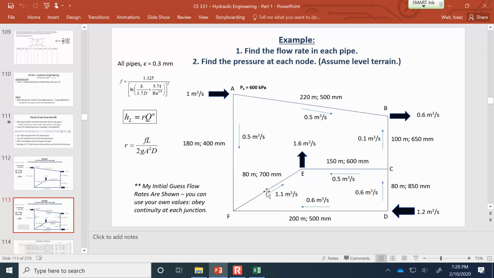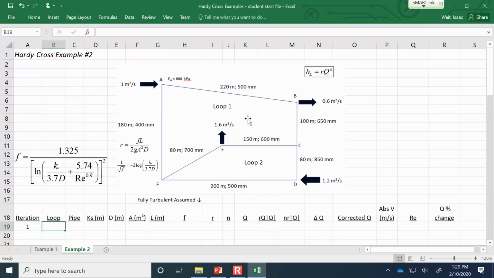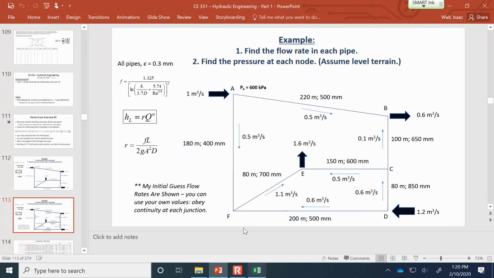Now what about these pipes that are in both loops? So the 1.1, for instance. Do I call that a positive flow rate or a negative flow rate? Well, from the perspective of loop 1, this top loop, it would be a negative flow rate because it's going against the clockwise direction.